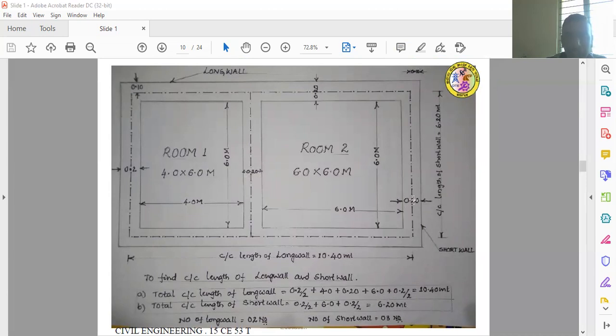Then finally this wall is 0.2 by 2, therefore equal to 10.4 meter, the center to center length of the horizontal wall from this point to this point.